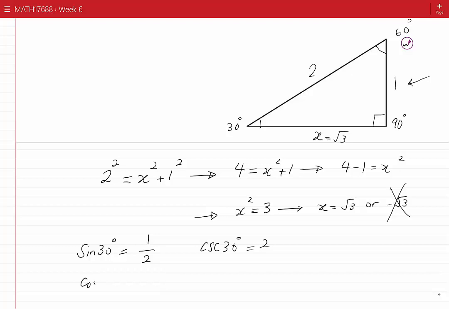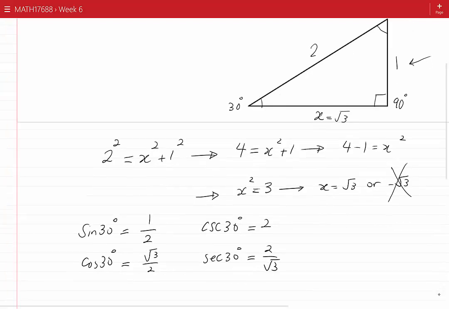Cosine of 30 degrees is adjacent over hypotenuse, root 3 divided by 2. Therefore, secant of 30 degrees is the reciprocal, and that would be 2 over root 3.